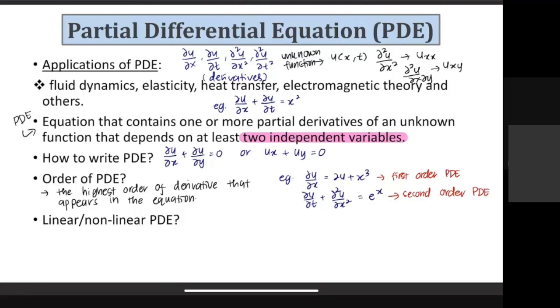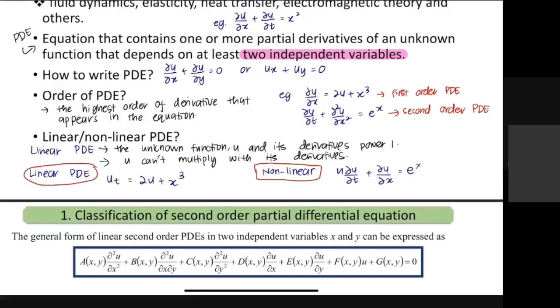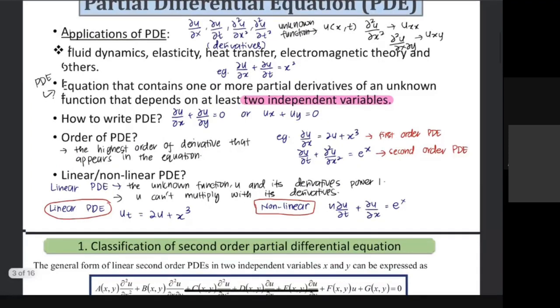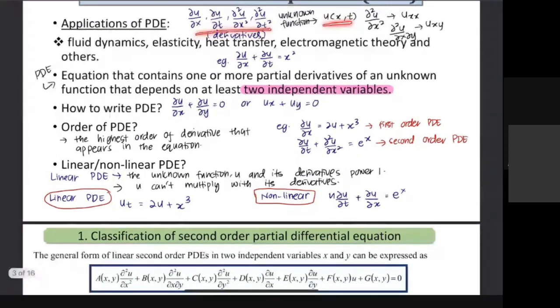What about linear and nonlinear PDE? A PDE is linear when the unknown function U and its derivatives are only power 1, and U is not multiplied with its derivative.